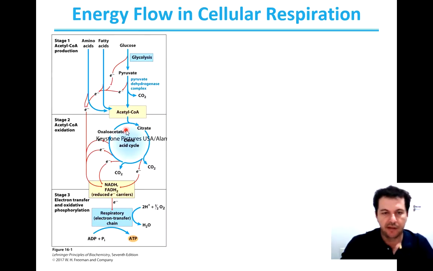We have already discussed glycolysis, which is the first step of respiration, so we are not going to detail this. We have here the TCA cycle, which is step 2, and step 3, which is oxidative phosphorylation, which contains the respiratory electron transport chain.